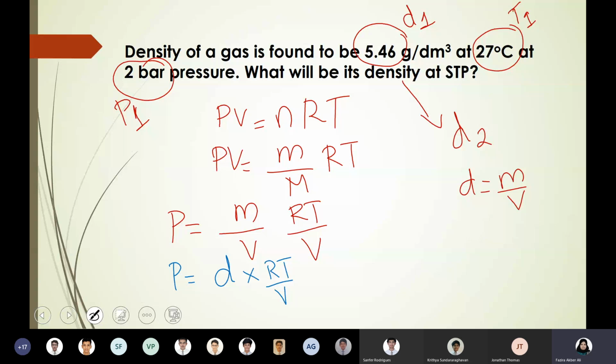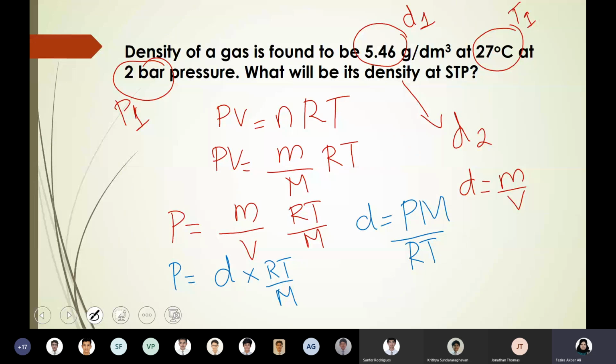Or if you rearrange the equation in terms of density, density will be equal to PM by RT. Sorry, it will be M, the molar mass. And you know that in this case, R is the universal gas constant, and molar mass is a fixed value.